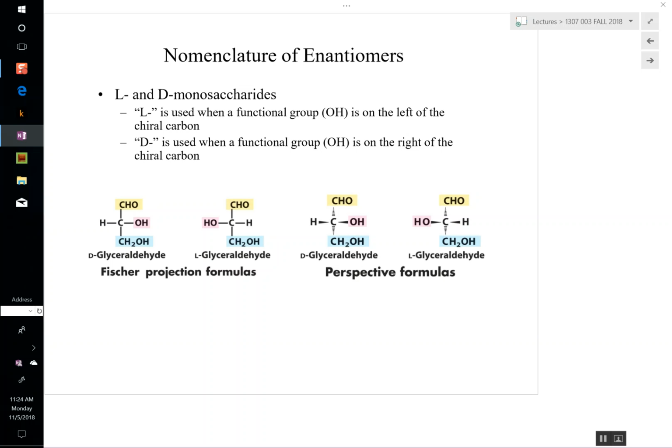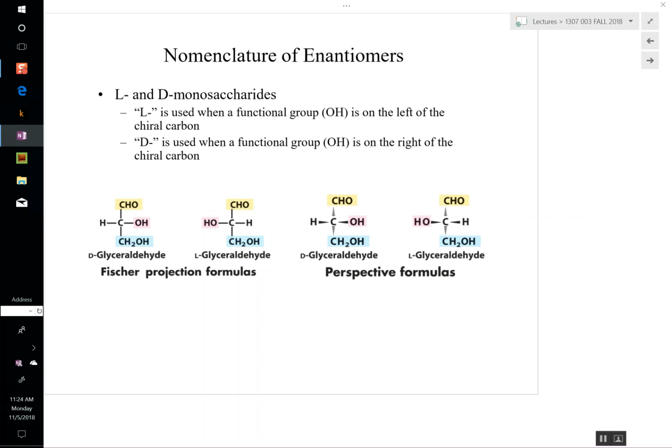What Fisher proposed, about 100 years ago or more, was to get it oriented just like we are doing, and imagine that you flattened it out in two dimensions. So you get it positioned just like this.